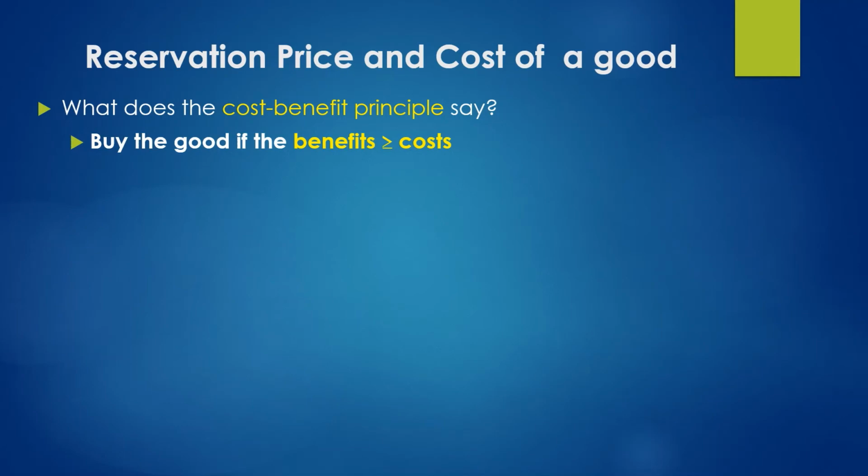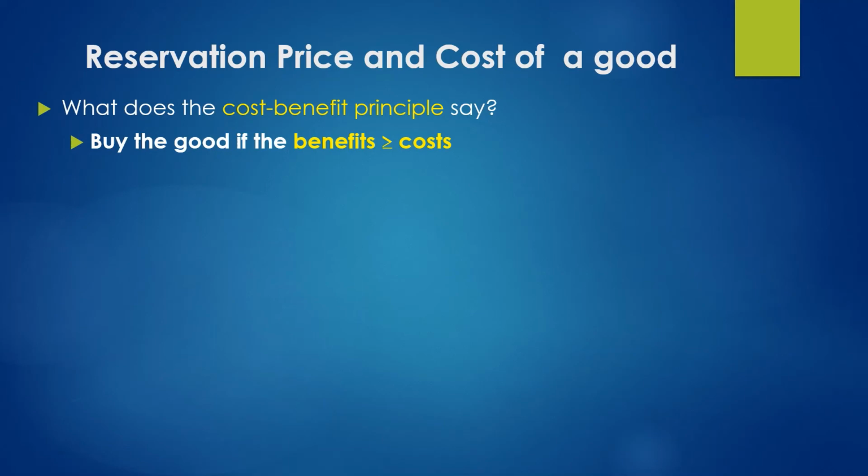And if the benefits of your purchase are greater than the cost of your purchase, then you will purchase or demand that good. Purchasing means that you are actually demanding that good. So now let us try to translate both benefits and cost in terms of numerical values.